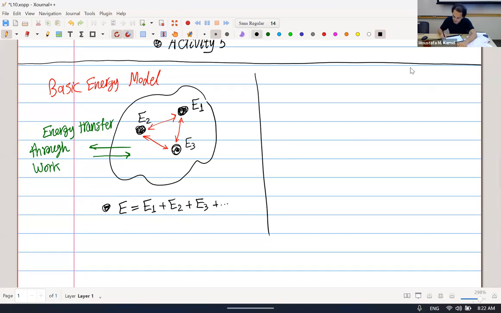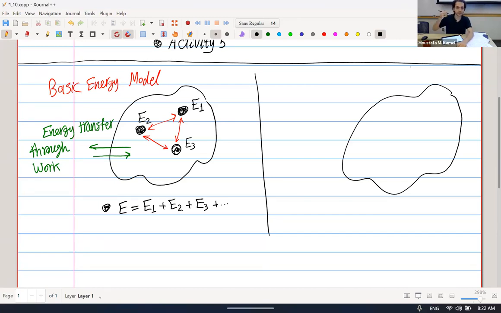We have essentially the same thing for momentum. If we have a system, we already know what a system is by now. This system has objects. These objects not only have energies, but also momenta, because every object has mass and every object has velocity. If this object has momentum P1 and this object has momentum P2, momenta are vectors, so I'm putting the arrow over.